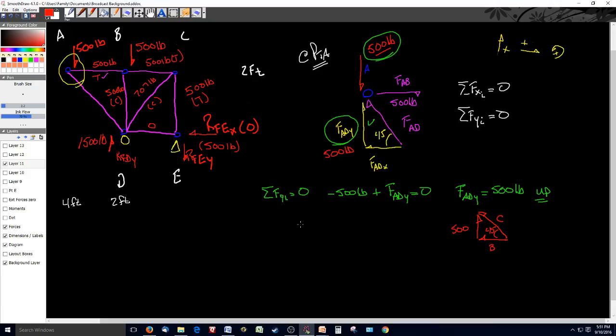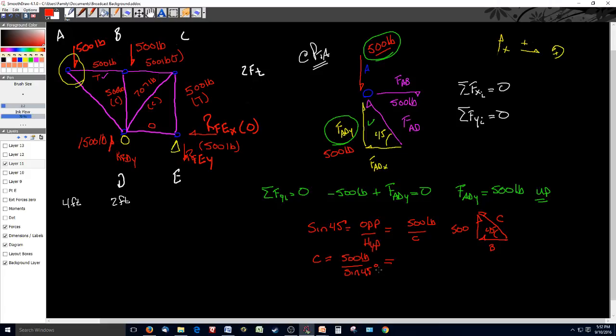From this, I know from my sine rules that the sine of 45 degrees equals my opposite divided by the hypotenuse. Or, in terms that I have, my opposite is 500 pounds divided by C. So it's a pretty simple equation. I could say that C is going to equal 500 pounds divided by the sine of 45 degrees. Real straightforward.